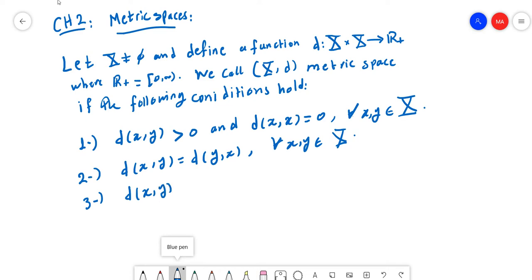The distance between any 2 points x and y is less than or equal to the distance between x and z plus the distance between z and y, and this is true for all x, y and z in X.